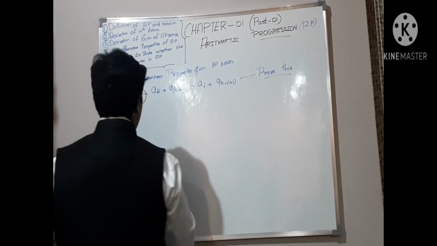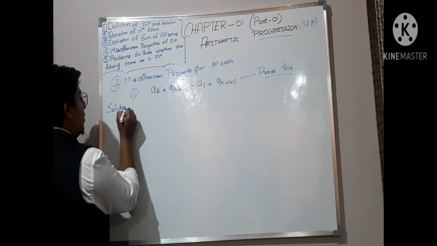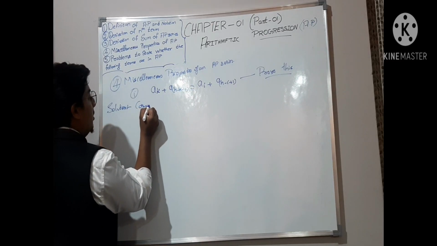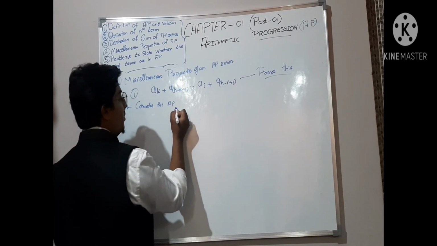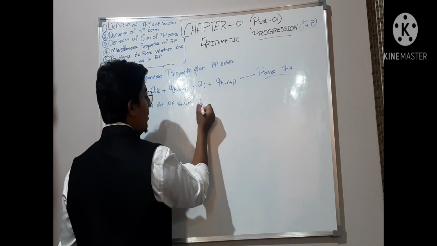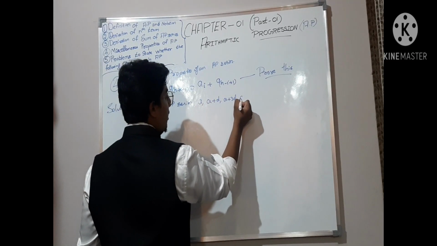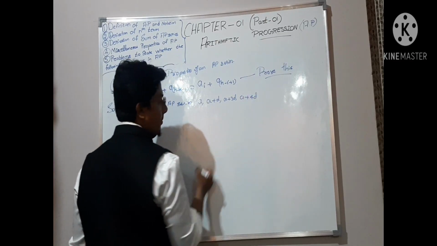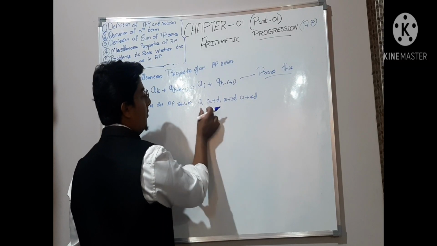To prove this, we have the solution. Consider the arithmetic progression series a, a plus d, a plus 2d, a plus 3d. This is an arithmetic progression because the common difference is d and the first term is a.